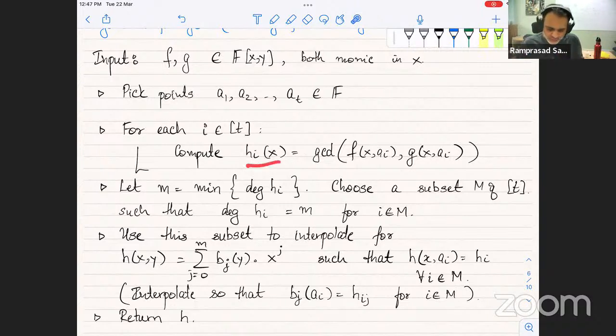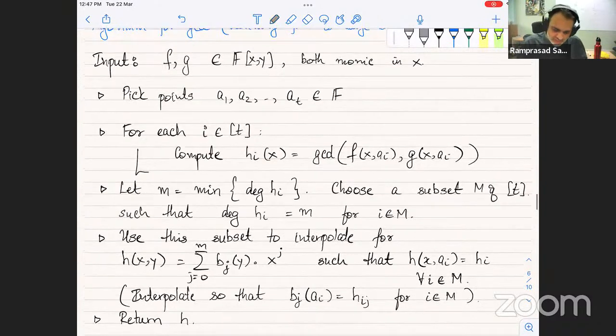Morally speaking, what do I want h_i(x) to be equal to? Suppose h*(x, y) is the true GCD. I am really hoping that h_i(x) is basically h*(x, a_i).